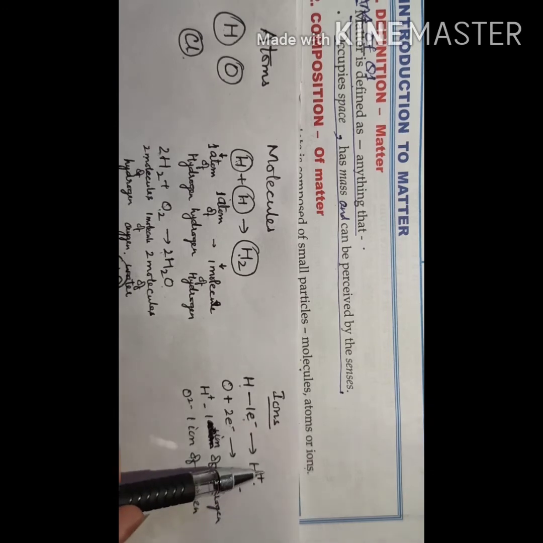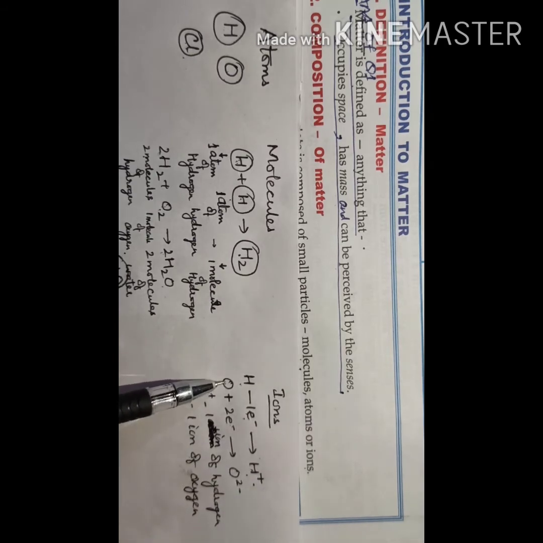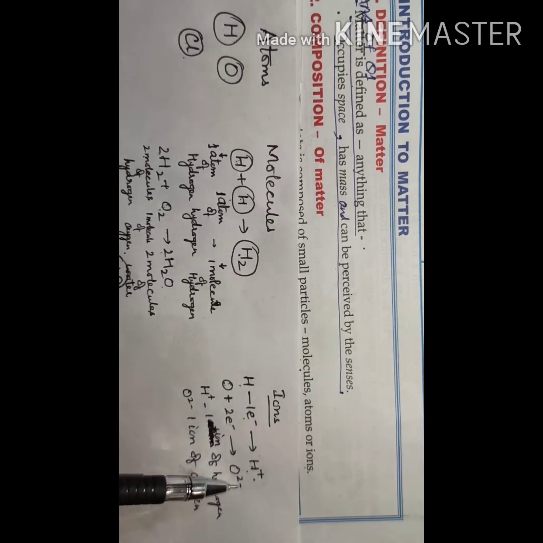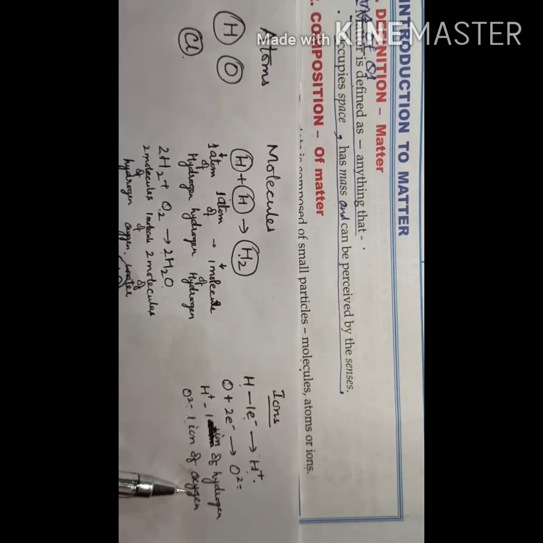So what is it? It is one ion of hydrogen. In the same way, when an oxygen atom gains 2 electrons, it is converted to O2-, and O2- is one ion of oxygen. Right, children?